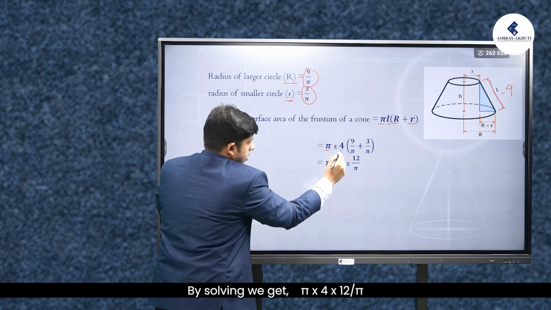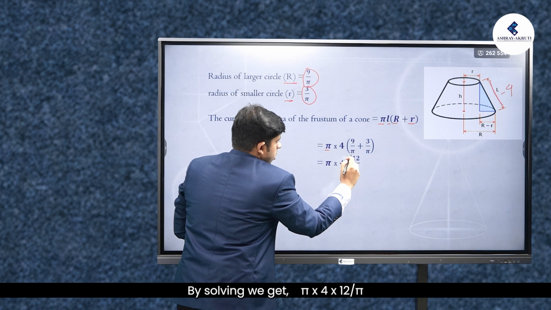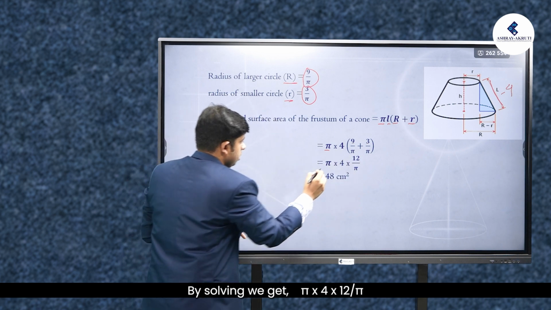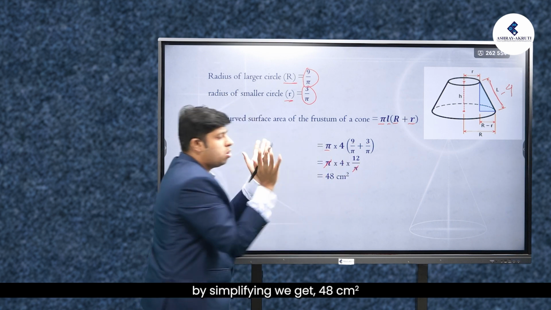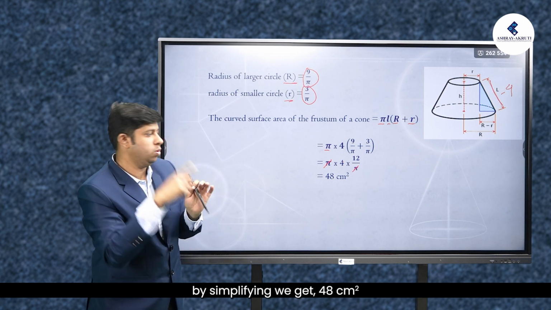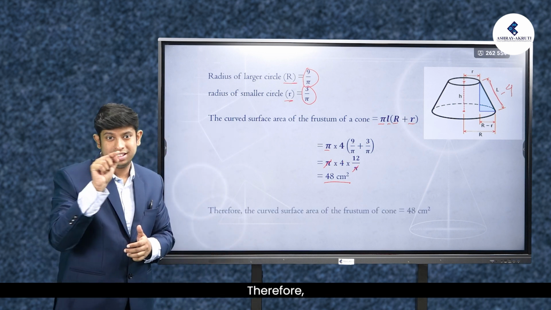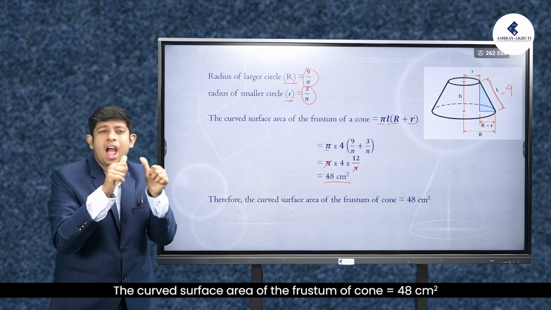By solving, we get pi into 4 into 12 by pi. By simplifying, we get 48 cm square. Therefore, the curved surface area of the frustum of cone is equal to 48 cm square.